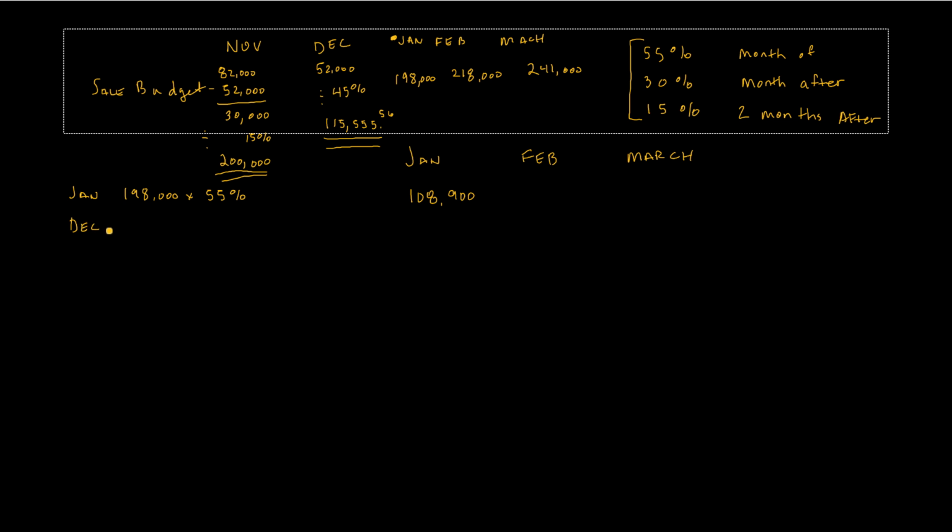I know that my sales for December are, let's round just to make it easier for us a little bit, $115,556, right? I'm in January. It's the month after the sale. I'm going to collect 30% of this.